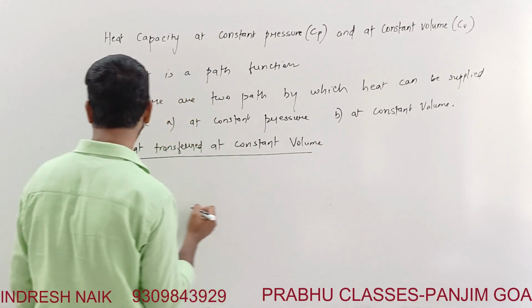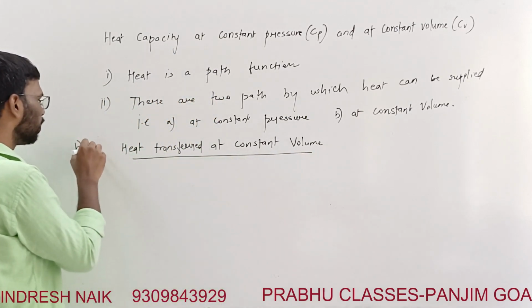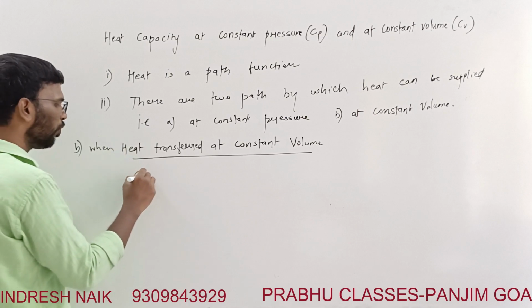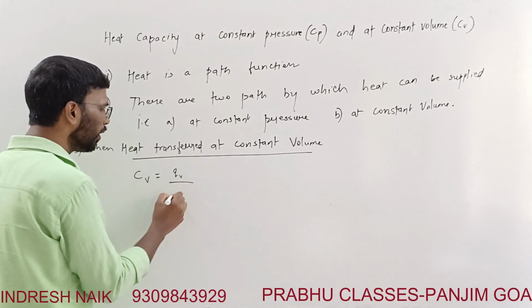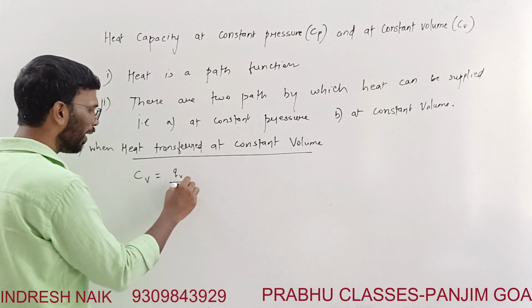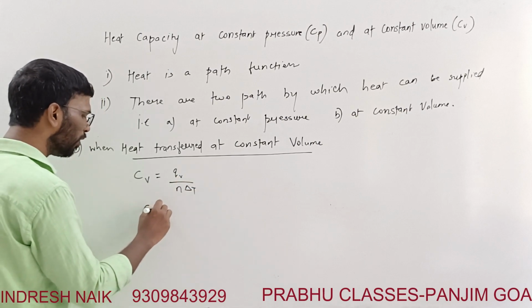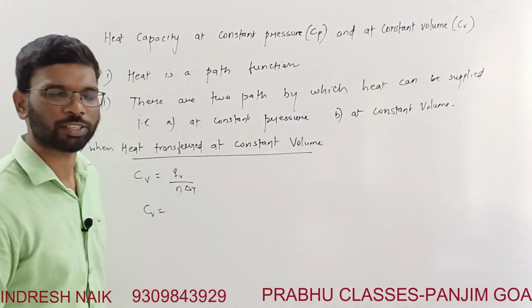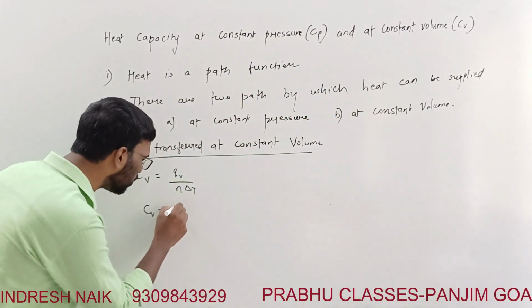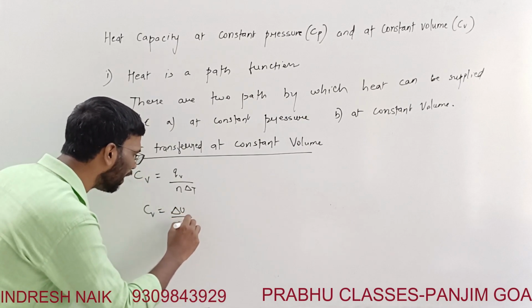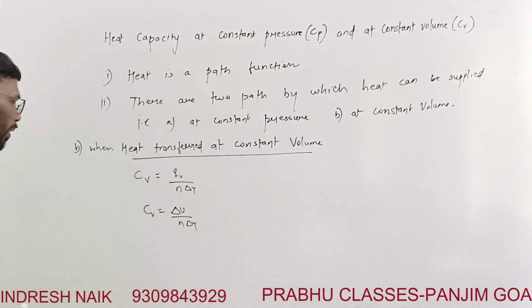When heat is transferred, so what will be Cv? I'll write that to be Cv. This will be Qv by n delta T. The Cv will be equal to what? Qv is what? When heat is transferred at a constant volume, it will be equal to what? Internal energy change. So this is delta U by n delta T, right?